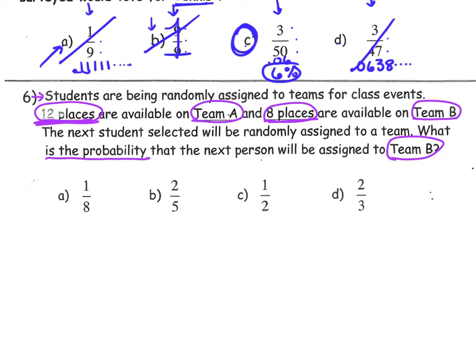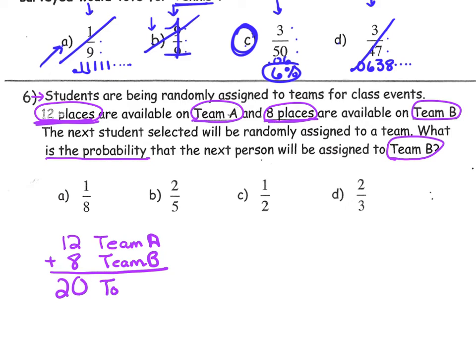But let's organize our data in a table. 12 places for Team A and only 8 places for Team B. Altogether, 20 spots are available. That's your total.